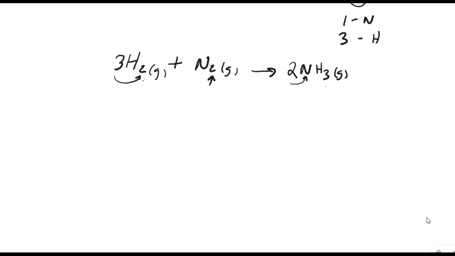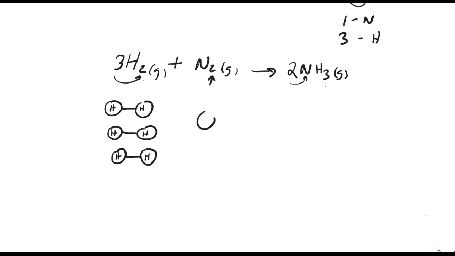So let's say now I've got 3 of these H2s, H, and I got another one here, H, and another molecule of hydrogen, H. And it doesn't matter that they're bonded together because those bonds will break and reform, and we don't have to worry about that right now.